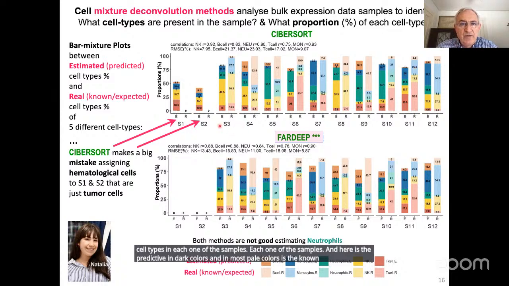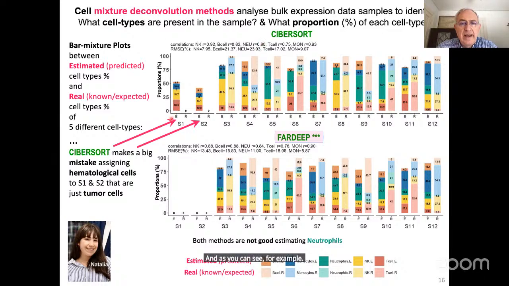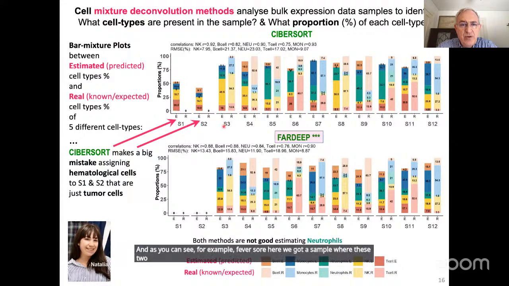And as you can see, for example, Cibersort, here we got a sample where these two samples, what happened to these two samples? Why does the real say nothing about these data sets? Why?